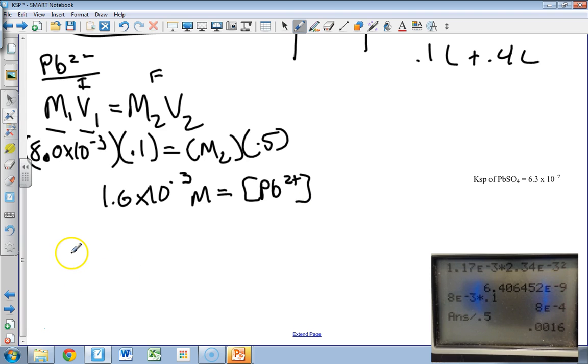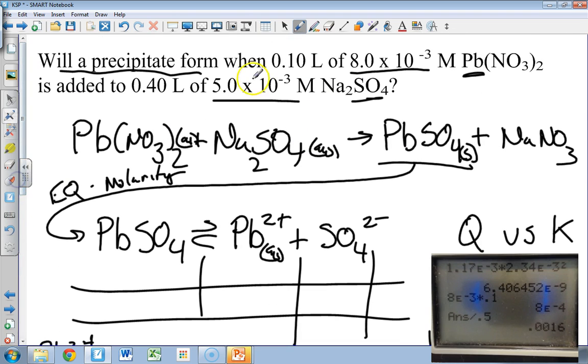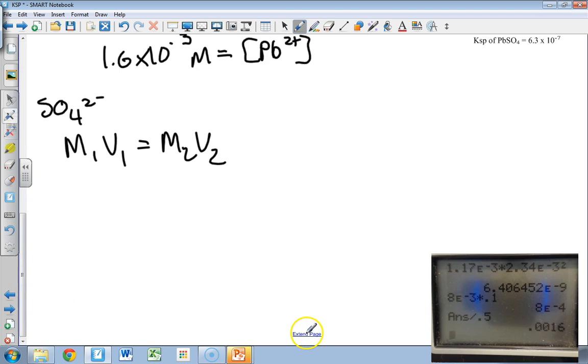Okay. Now we do the same thing with sulfate, SO4 2 minus. Here we go up and we see it's 5 times 10 to the minus 3, and we have 400 milliliters of it. So M1V1 equals M2V2. What is the old molarity? 5.0 times 10 to the minus 3. And how much of that did we add to the mixture? 0.4.